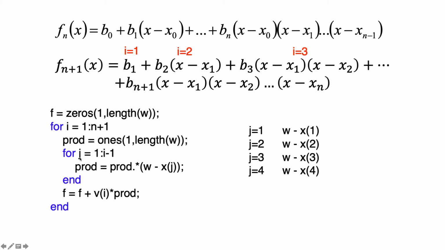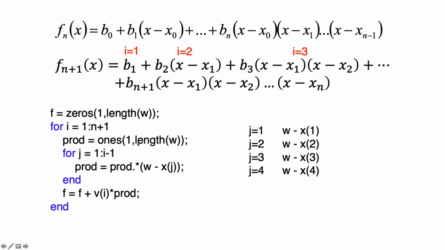So for j equals 1 up to I minus 1, since I equals 1 and I minus 1 is 0, essentially the first iteration of this for loop will not give me any value of the product. And that's why I need this initialization here for the variable product.